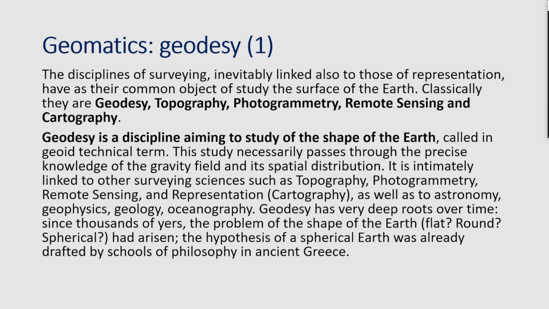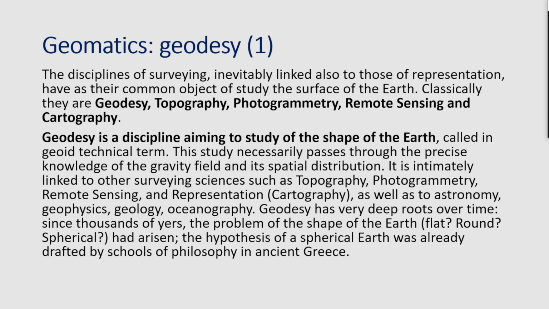Geomatics, Geodesy 1. The disciplines of surveying, inevitably linked also to those of representation, have as their common object of study the surface of the Earth. Classically they are geodesy, topography, photogrammetry, remote sensing and cartography. Geodesy is a discipline aiming to study the shape of the Earth, called the geoid in technical terms.